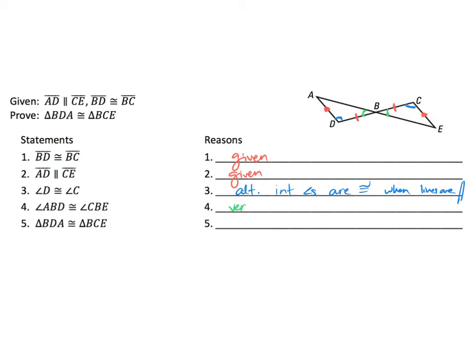So again, you don't have to remember the theorem name, you can just write vertical angles are congruent. Okay? And now, looking at our diagram, we have an angle and an angle in both, and the included side in both. So our reason to say that our two triangles are congruent is angle, side, angle.